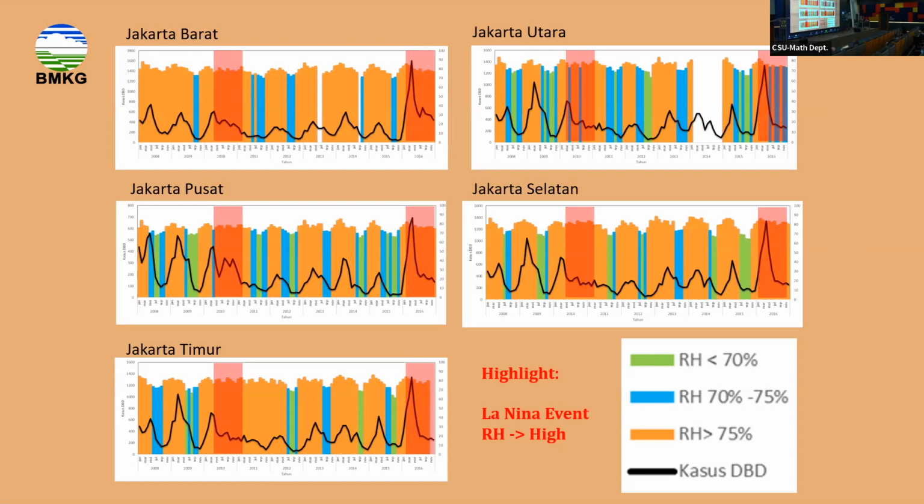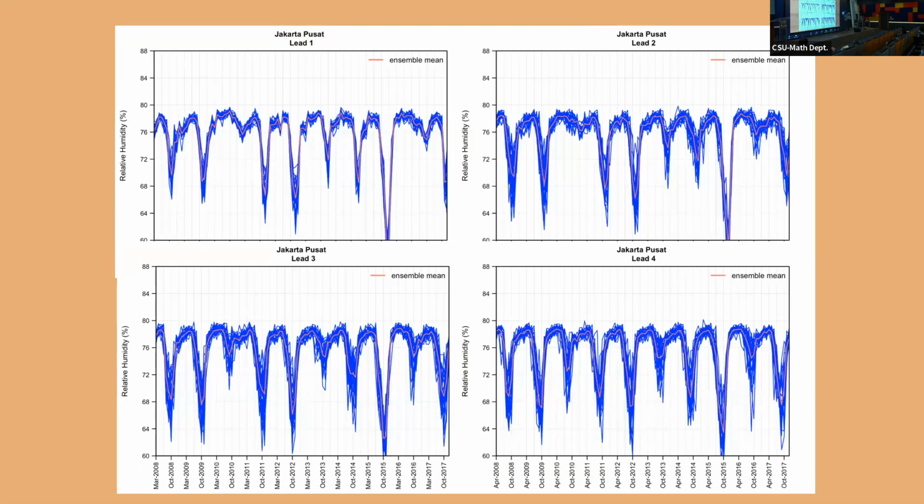In 2016 it is a very bold peak in all of the area. And then based on that, one is the ensemble mean of the relative humidity, and you can see the dashed red line is 75% relative humidity.